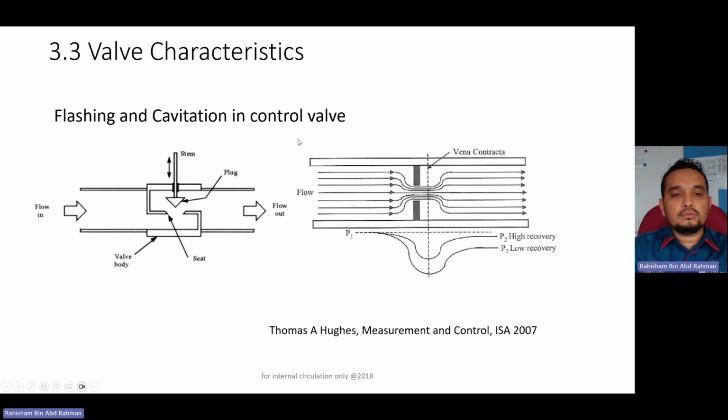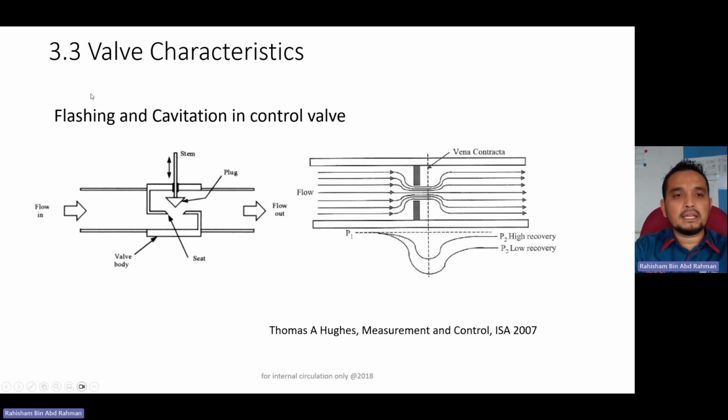Okay, there are two very popular issues, very popular phenomena related to the valve that will trigger damage or failure of the valve, known as flashing, and the other phenomenon known as cavitation.